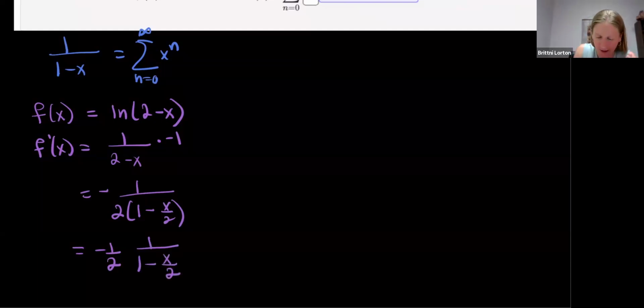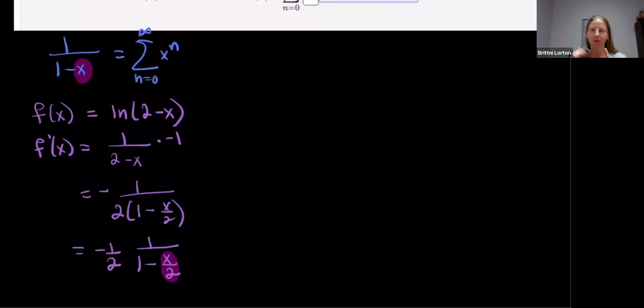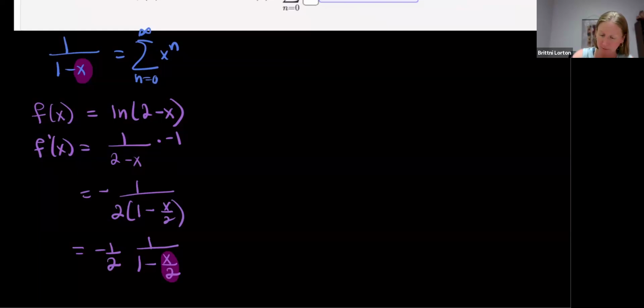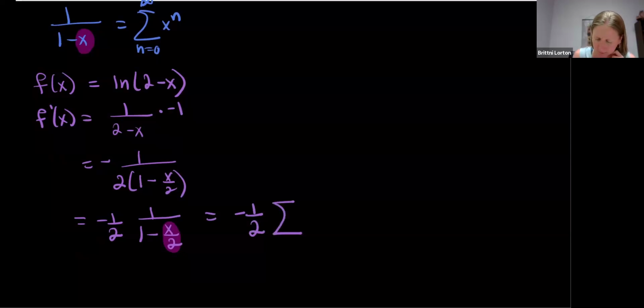And the reason I do that, and I'll highlight it so you guys can see, I just think it's a little bit more visual to actually see. Now, instead of an x, I have an x over 2. So I do have some kind of comparison now between the two. So that's pretty good. Let's see what I can do to keep going, though. So that means that this could equal -1/2 times the sum from n equals 0 to infinity of x to the n.